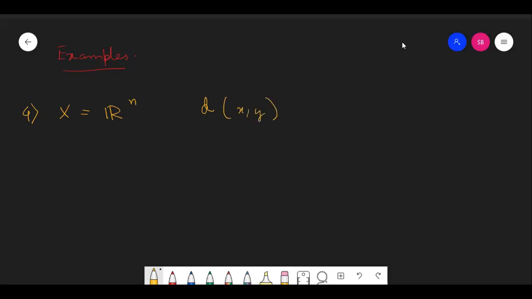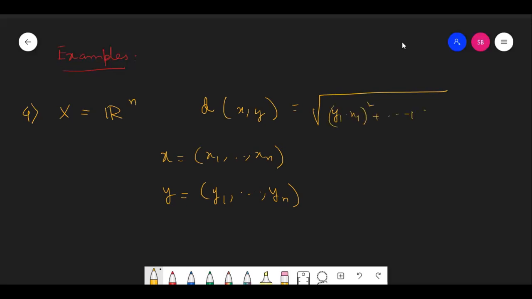X will be an n-tuple, and y will also be an n-tuple. So let x be this and y be this. Then we define d of x comma y to be a very similar definition: square root of (y1 minus x1) whole square plus ... plus (yn minus xn) whole square.